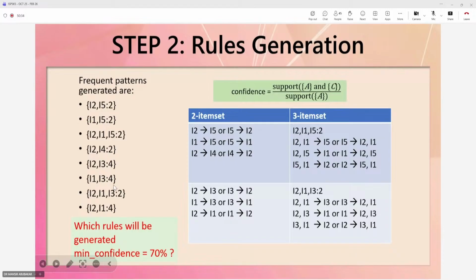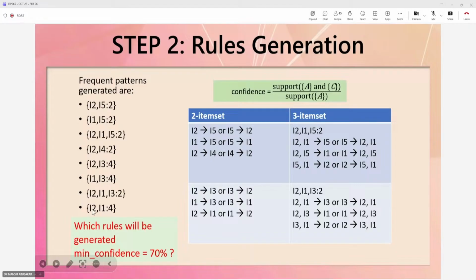You can see it here. Item 1 and item 3, almost 4 support count. It also appears. So always the rule may be in the reverse case, because what implies this can imply the other one.